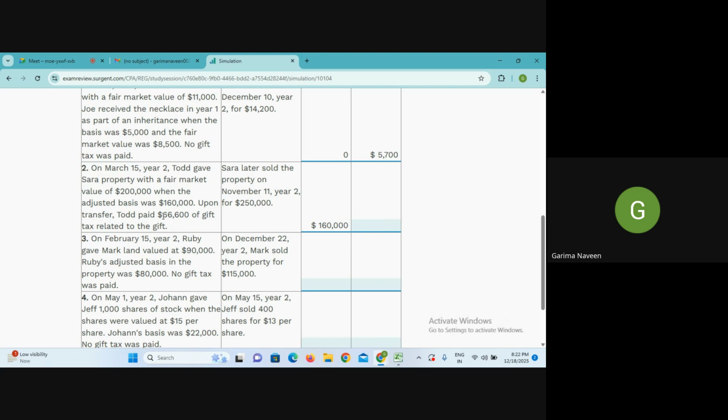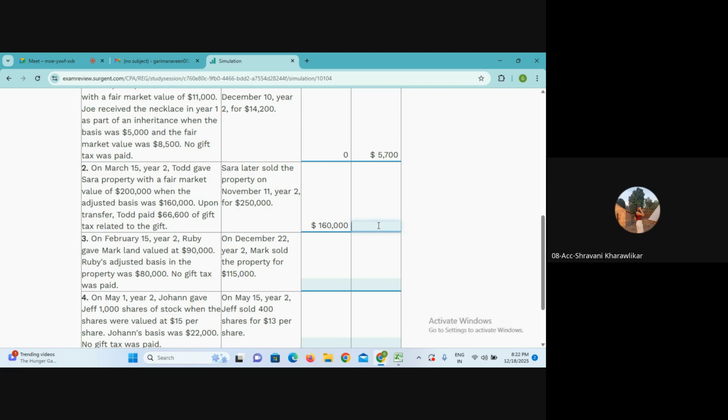Calculate 40,000 out of 200,000 multiplied by this amount. First calculate the proportion of taxes related to appreciation, then add these taxes to the basis. The adjusted basis will be the carryover basis plus this proportion. Then subtract this adjusted basis from your selling price, and you will get the amount of gain or loss.